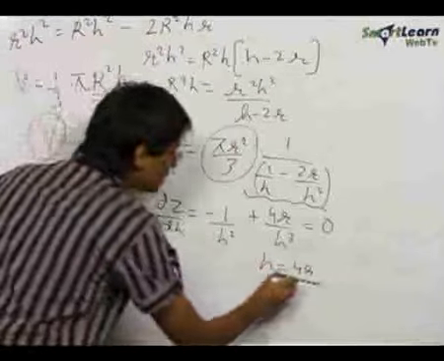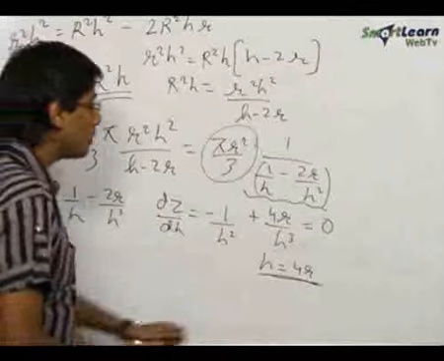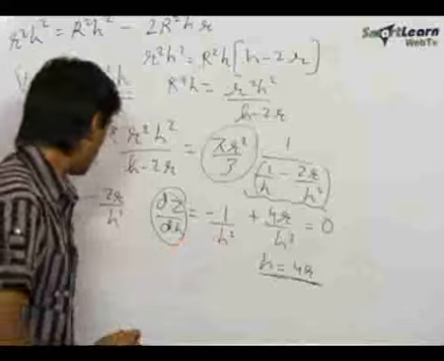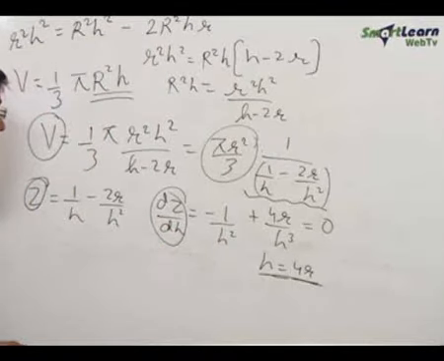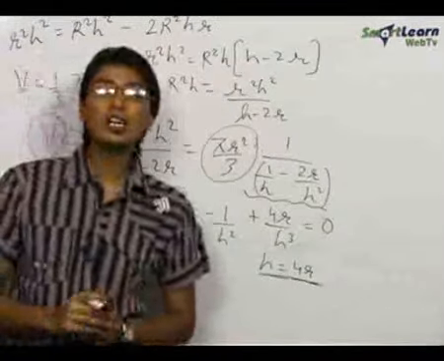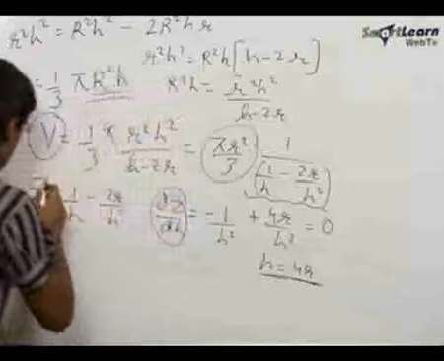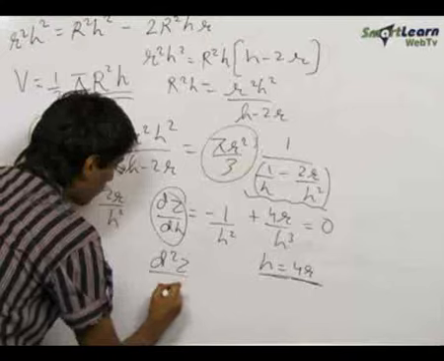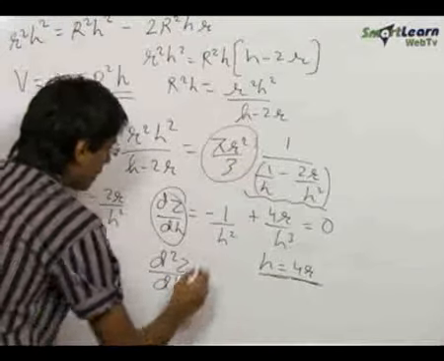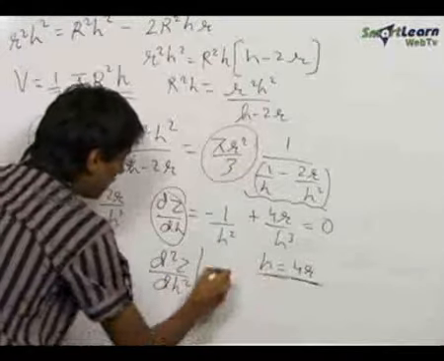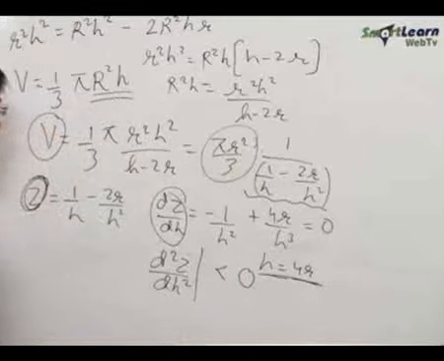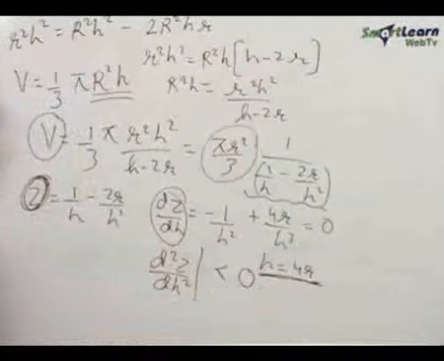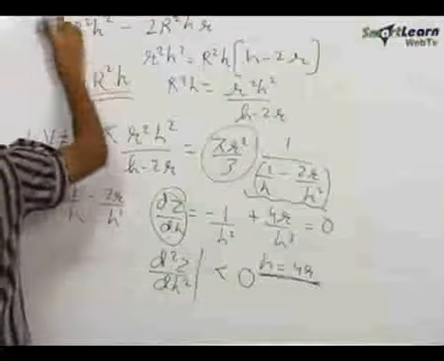We can prove that this height of 4r is causing this function to be maximized by finding d2z by dh square, the second order derivative of z with respect to h, which at this value of h will definitely come out less than 0. That proves that z is maximized at this value of h. Hence we have obtained h to be equal to 4r.